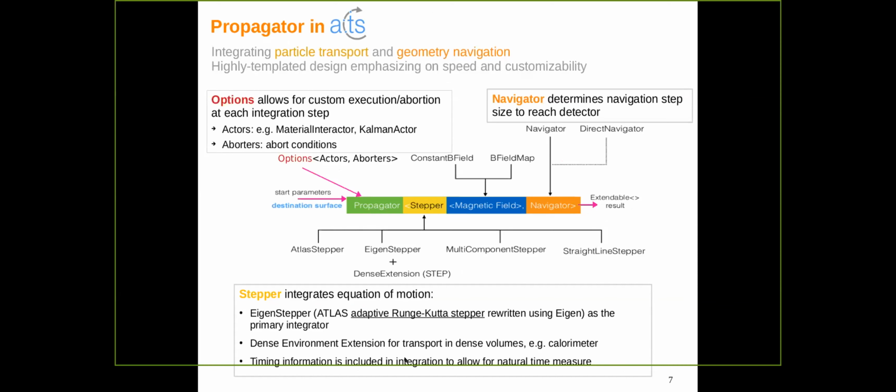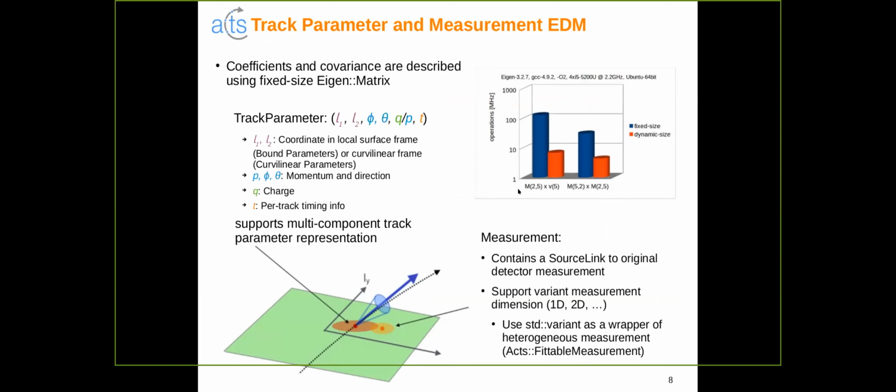For the event data model for the track parameter and the measurement, we are using the fixed size Eigen matrix to describe this. And this can be used to speed up the algebra calculation. And for the track parameter, there's not too much change for this. But now, as you see, we have the timing information integrated in the track parameter.